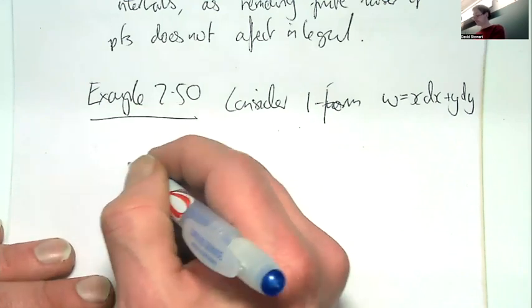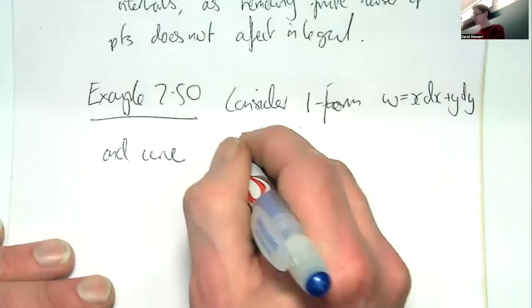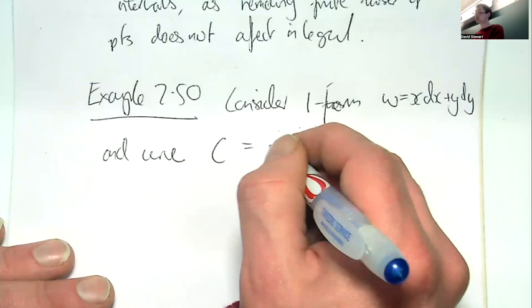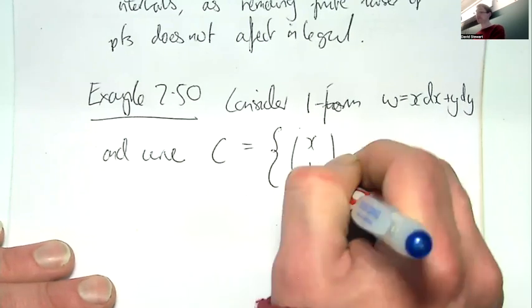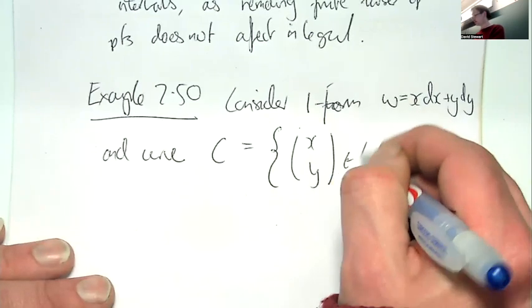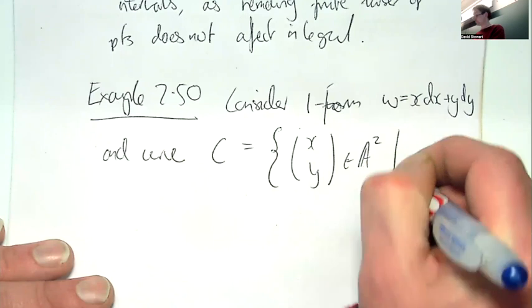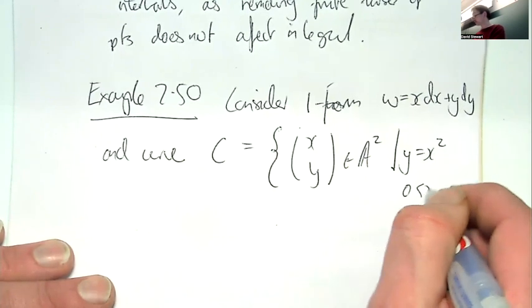And the curve we're going to integrate over is just going to be a quadratic, a parabola rather. So points x, y in R^2, such that y is equal to x squared, 0 less than x less than 1.